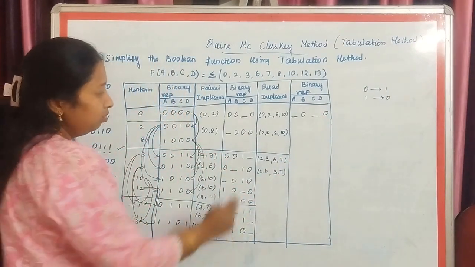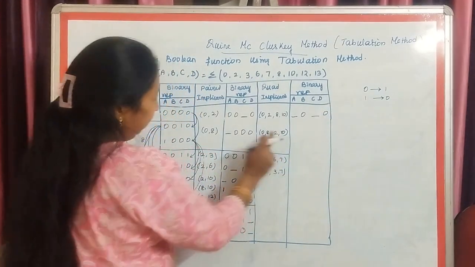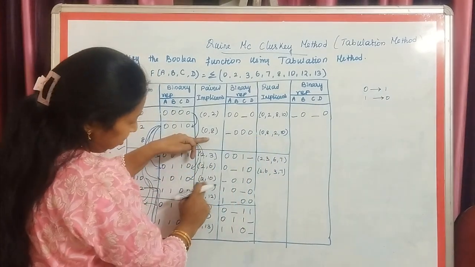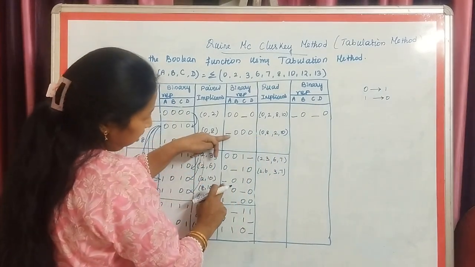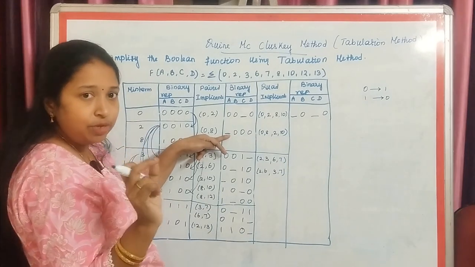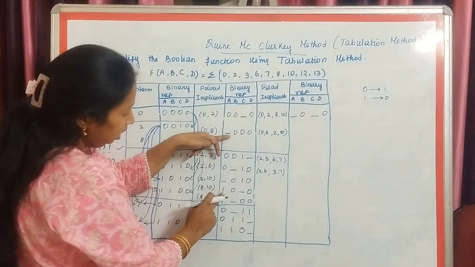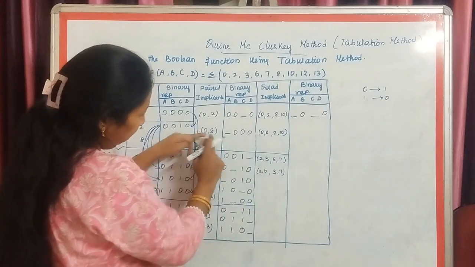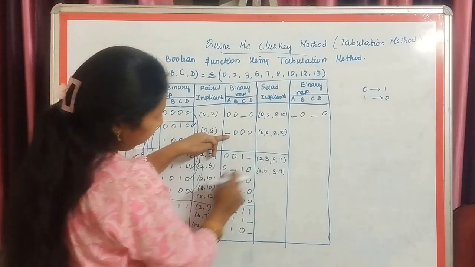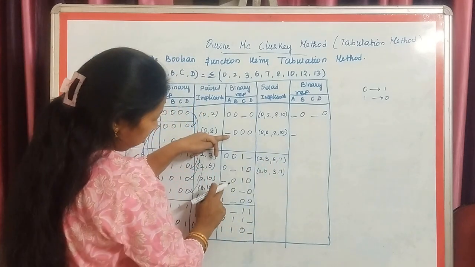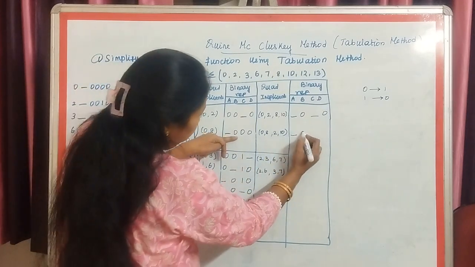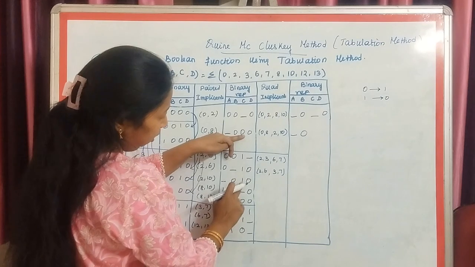Right? Now, check for 0, 8, 2, 10. 0, 8 is here, 2 and 10 is here. Check for the digits. Wherever you found a bit change, you have to mention that with the dash, and the remaining elements you have to write as such. Clear? Now, I am comparing 0, 8 with 2, 10. First element, it is dash in both the cases. Second element, it is 0 in both the cases. Third element, here it is 0, here it is 1.